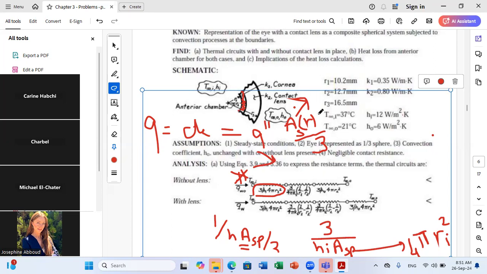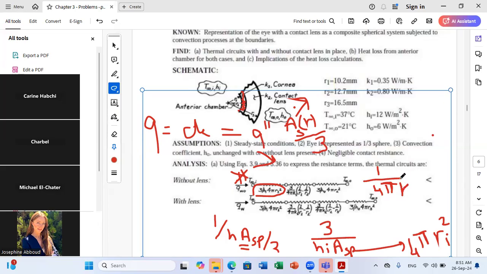Now, if you go to your table or appendix, they give you the expression of the resistance to conduction in a sphere. This resistance is of the following form: 1 over 4 pi k, and you can prove this formula as we did for the cylinder in class.